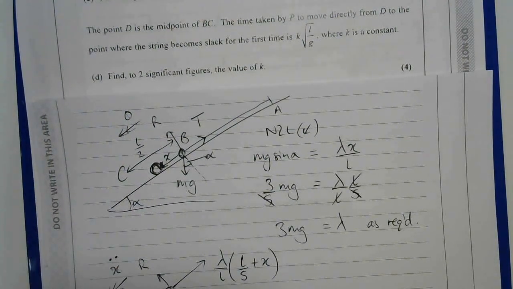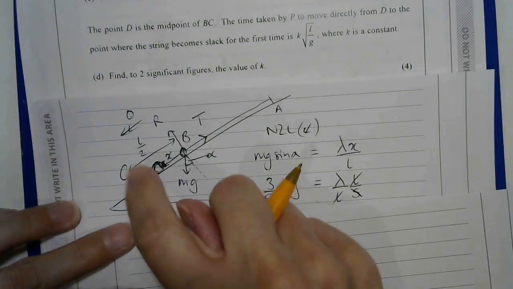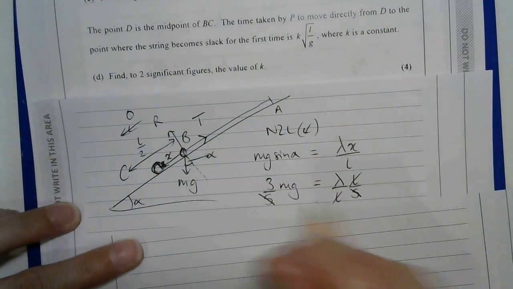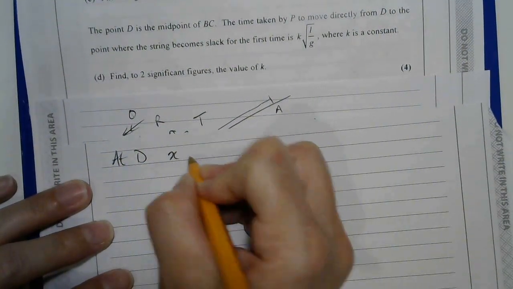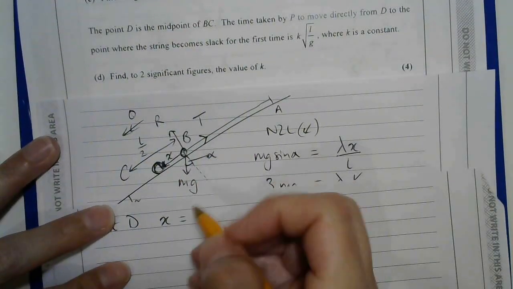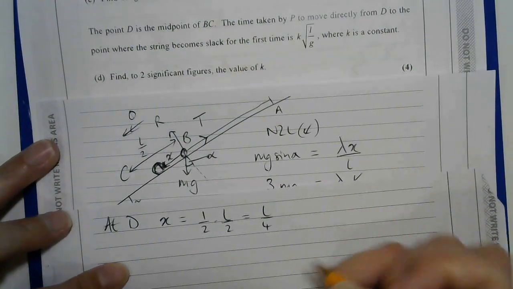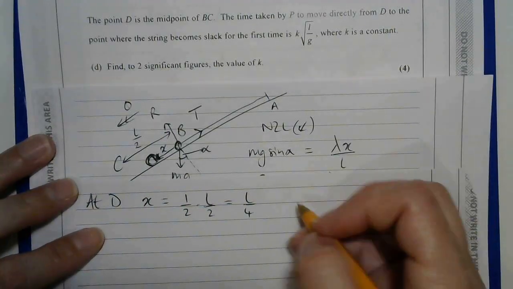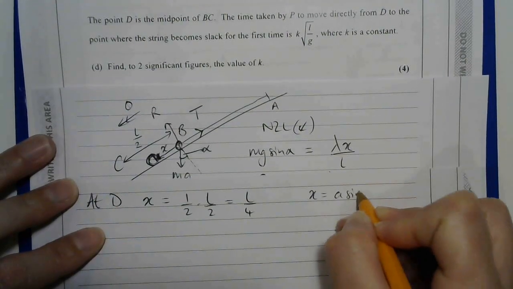Okay, so to find the time taken for the particle to move from halfway between here to when the string becomes slack, well, at D, x is going to be half of this, so half of L over 2, in other words L over 4, and I can use the formula x equals a sine omega t.